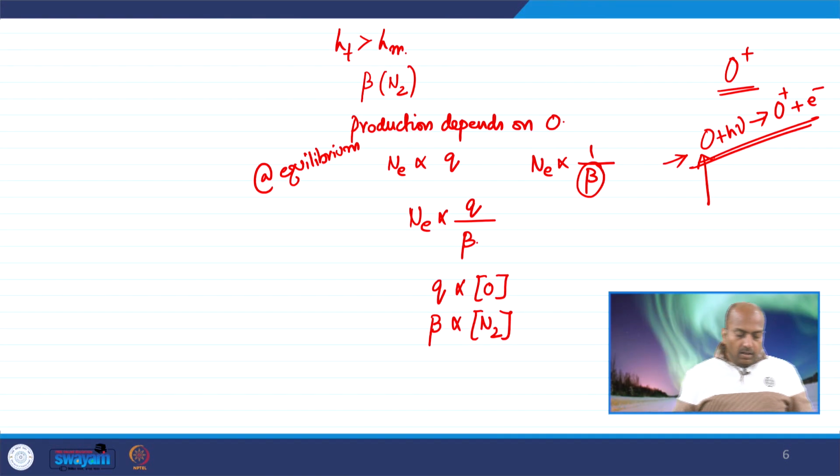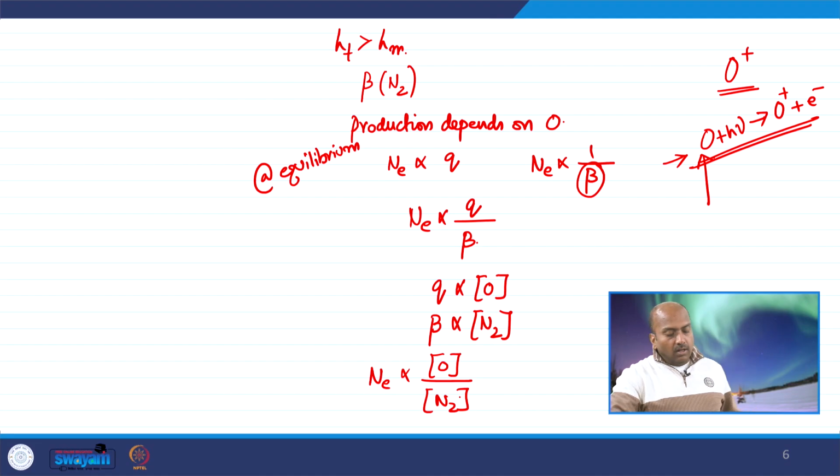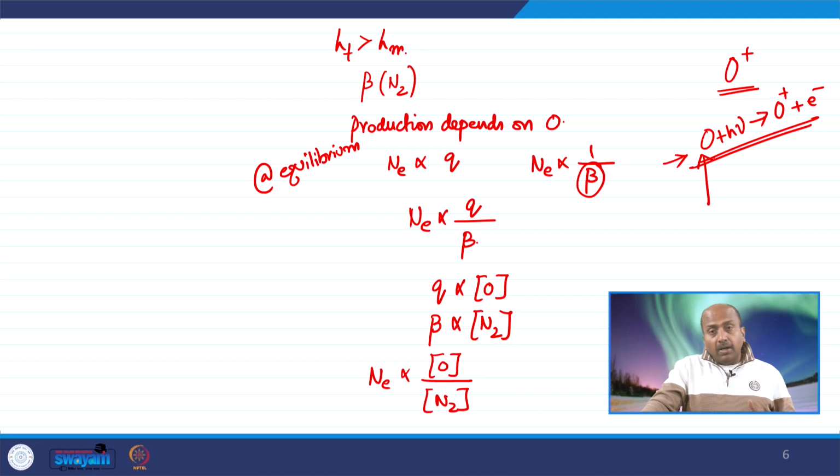Coming back, so the total available electron density will be written as a ratio of oxygen versus nitrogen. You see how simple it is. The total available electron density at any given period of time will depend on how many oxygen atoms are present, and at the same time it depends on the nitrogen density inversely.